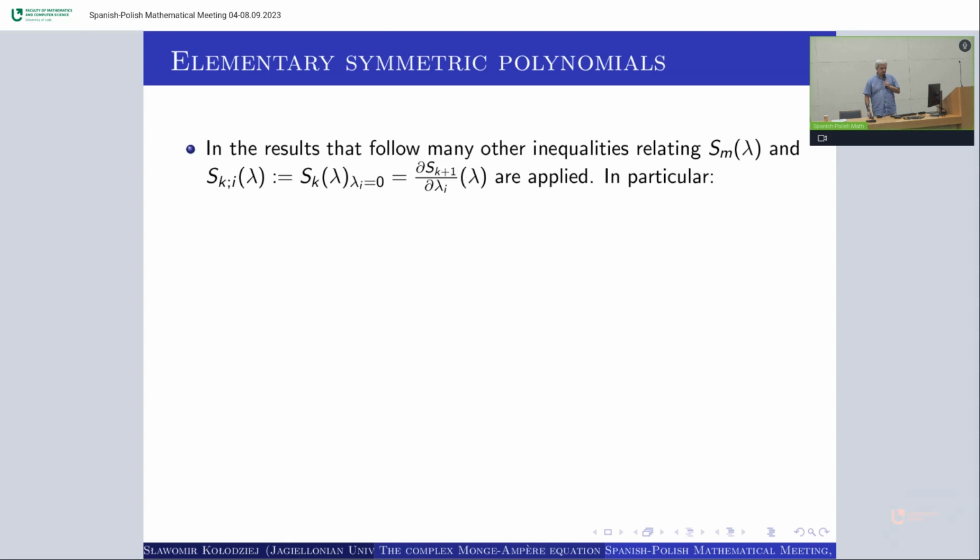And as I said, there are inequalities. So the classical Newton-Maclaurin inequality says that this expression, S_j over the binomial coefficient n over j, to the power 1 over j, is decreasing in j.